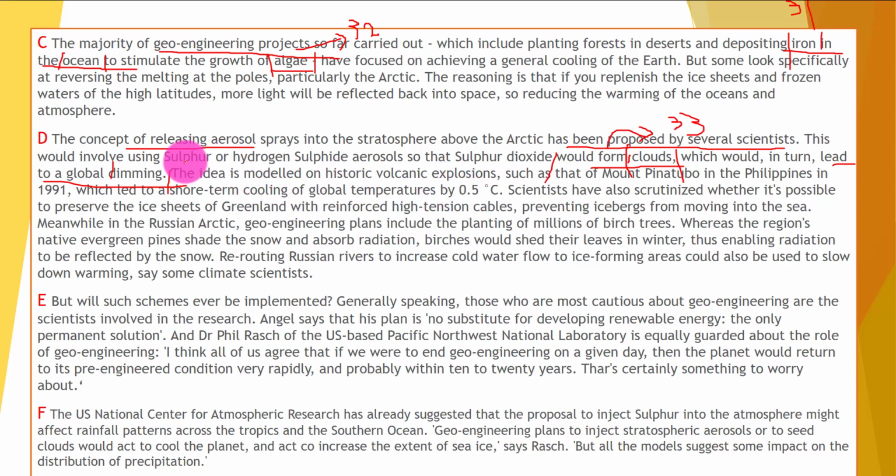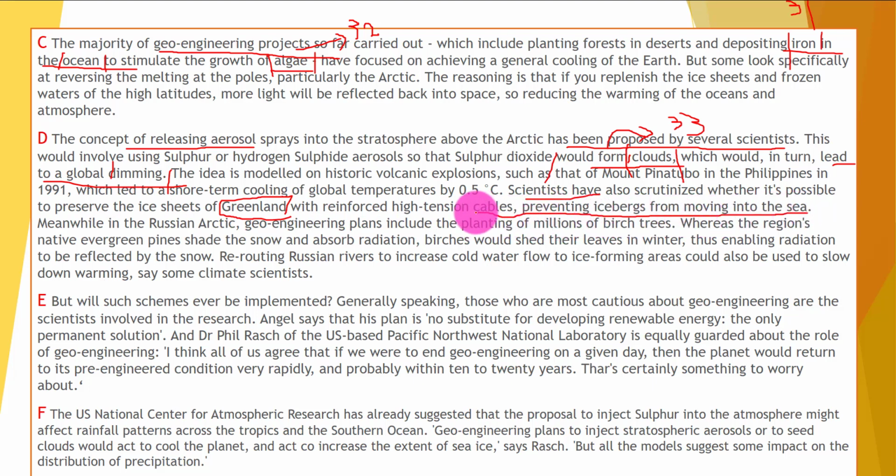We're going to look for Greenland. I found Greenland and I'm going to read around it carefully. Scientists have also scrutinized whether it's possible to preserve the ice sheets of Greenland with reinforced high-tension cables, preventing icebergs from moving into the sea.